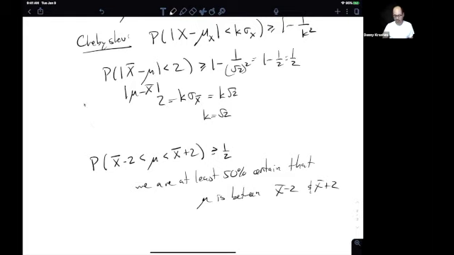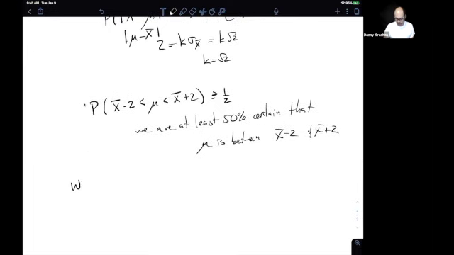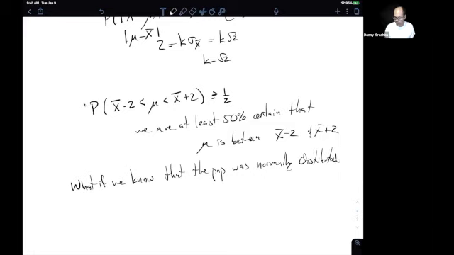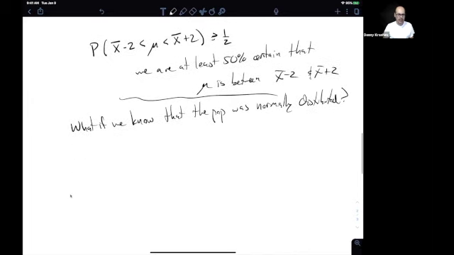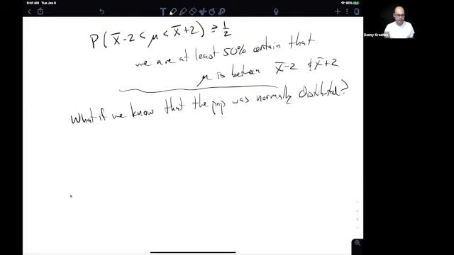So, for example, what if we knew that the population was normally distributed? Chebyshev works for any kind of distribution, but if you have a normal distribution, that's a lot more information. So just to move through this a little bit quickly, let's see what we could say.